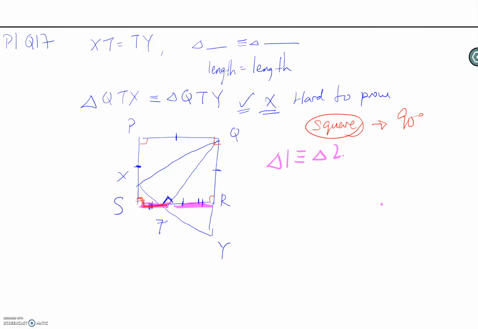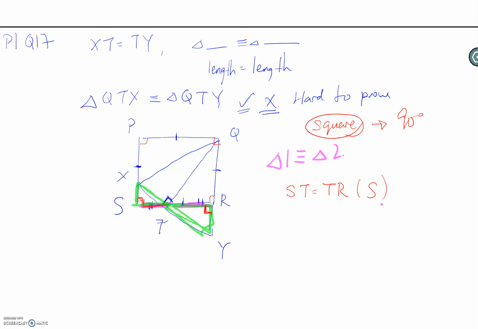So maybe I want to try and show this triangle and this triangle. And what rule do you see? Again, this is my right angle, and I know that ST is equal to TR. So I know a length already. This is S. I know a side.